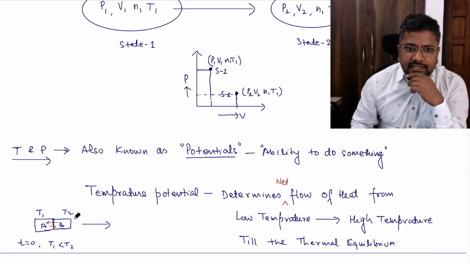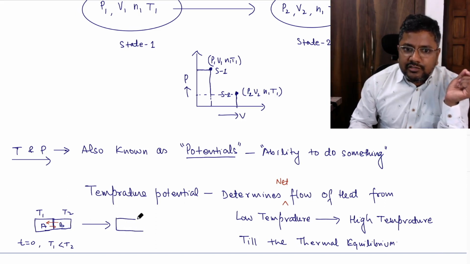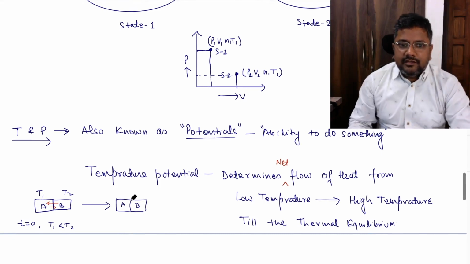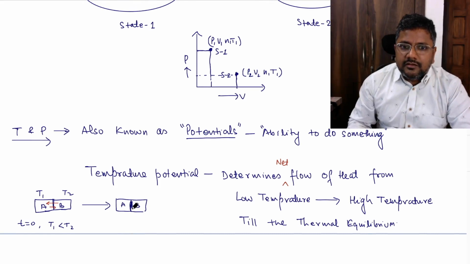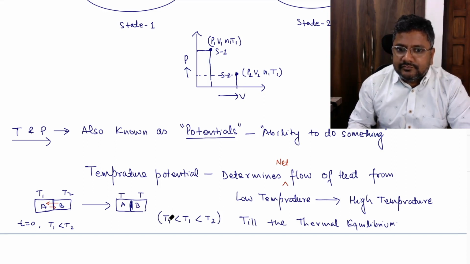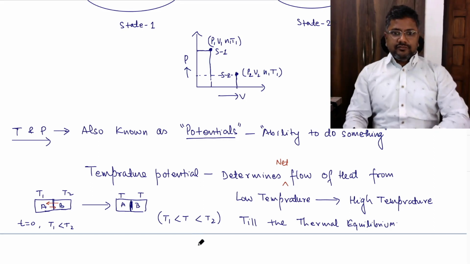So heat transfer will take place until both objects A and B have a common temperature T, and definitely this T is greater than T1 but less than T2, right?